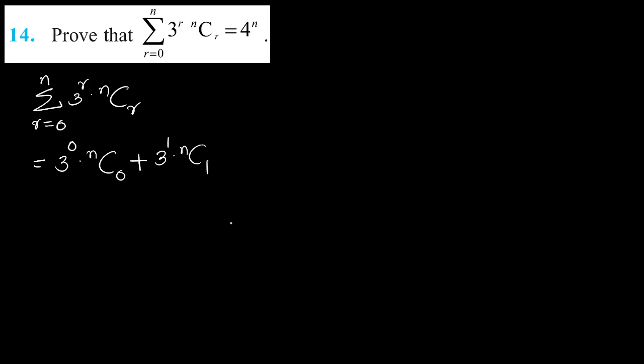The next value of r is 2, 3 square nC2. Next I will put r equal to 3. In this way I will proceed. Finally I will substitute the value r equal to n, you will get 3 raised to n nCn.